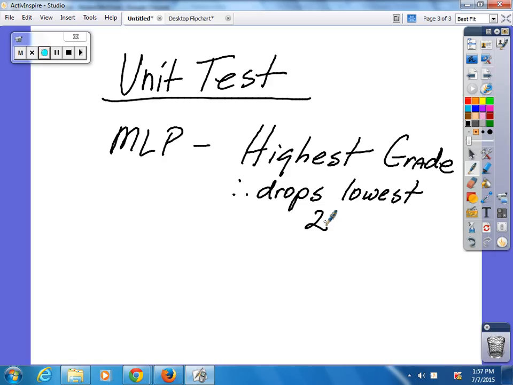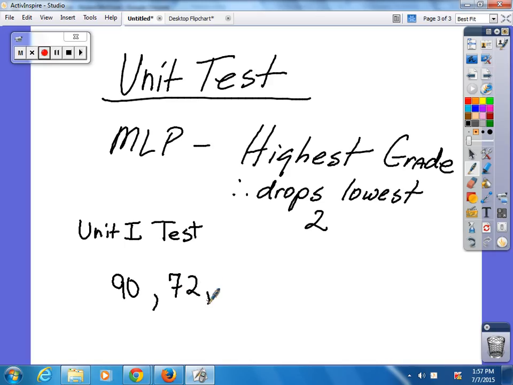So, let's go through a scenario. We have to do this. Unit 1 test. Why do I have to do this, people? You figure it out. I make a 90 on the first attempt. I make a 72 on the second attempt.